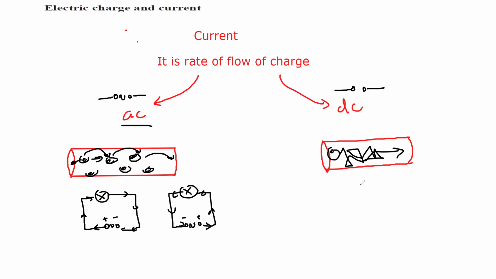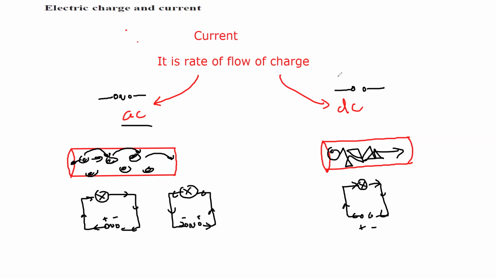But in DC, it remains the same throughout. If we have a DC supply, with the left hand side positive and the right negative, the direction will always be from positive to negative. The direction of flow from positive to negative we call conventional current, while the direction of flow from negative to positive we call electron flow.